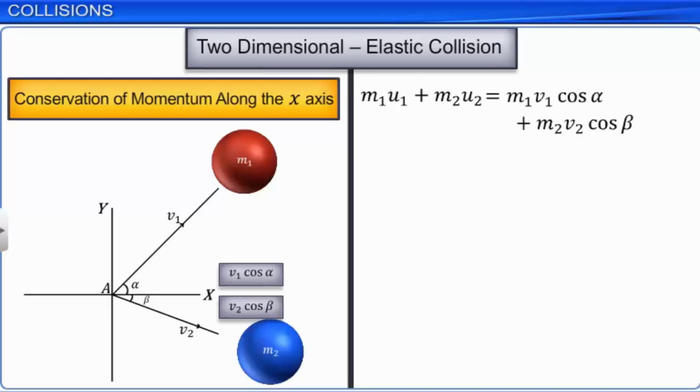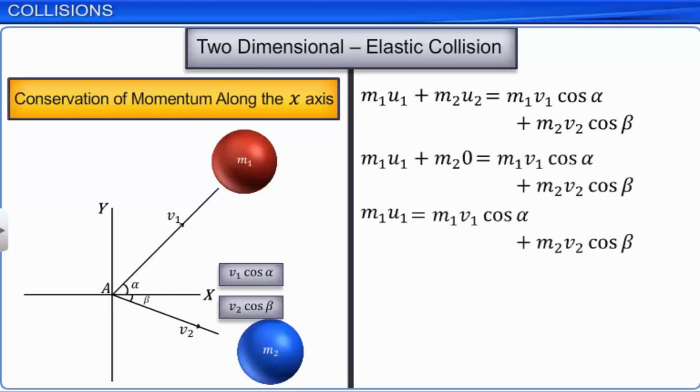And on simplifying, we get m1u1 is equal to m1v1 cos alpha plus m2v2 cos beta. Let this be equation 9.